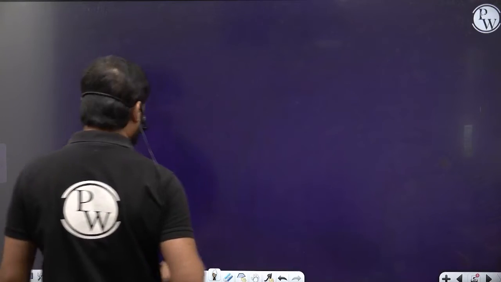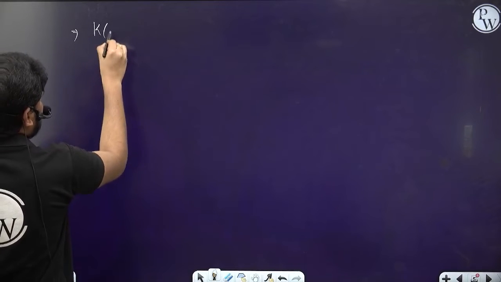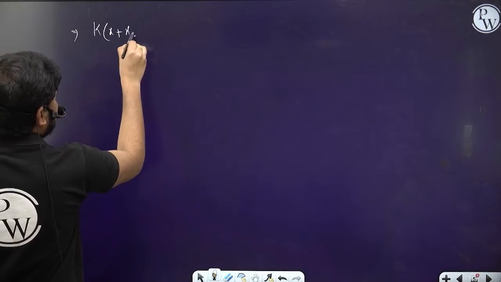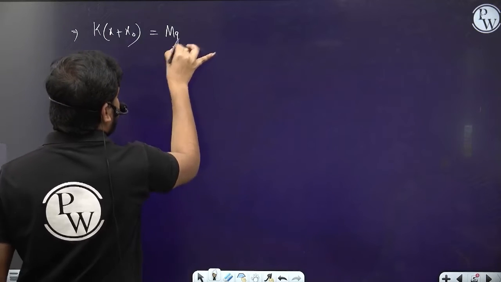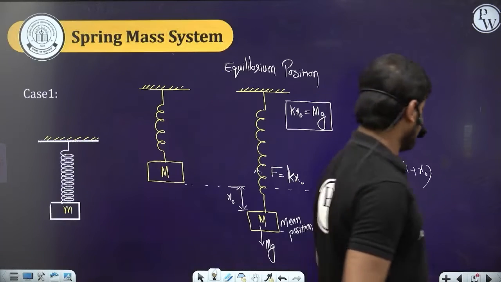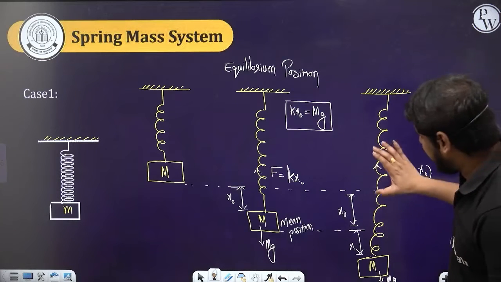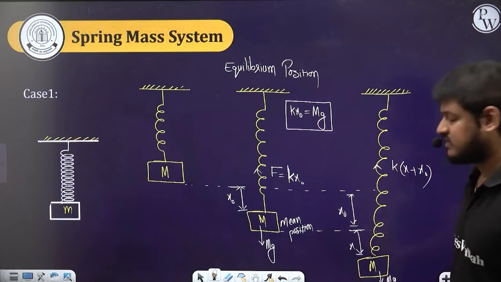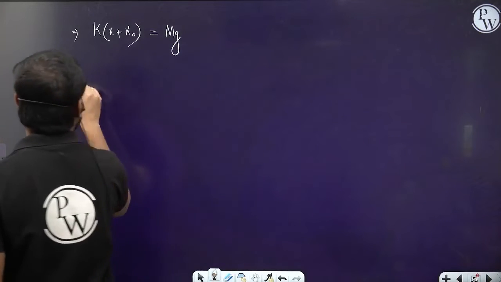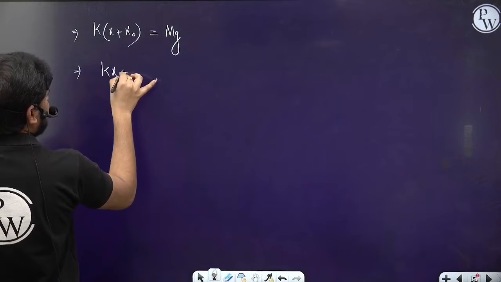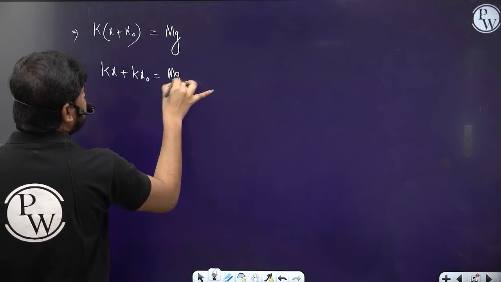So then I can write, in the third case, the spring force, k into x plus x naught, is equal to mg. Here, k into x plus x naught, the spring force, is balanced by mg, right? Done. Now I can write kx plus kx naught is equal to mg.